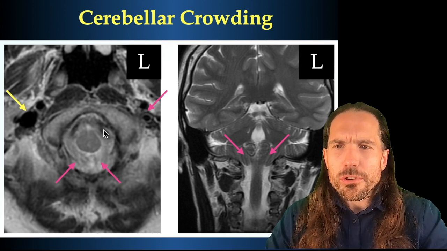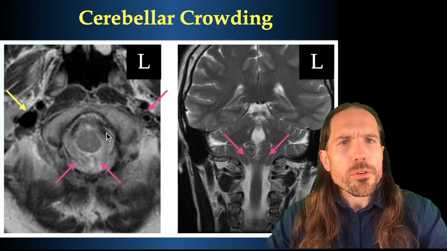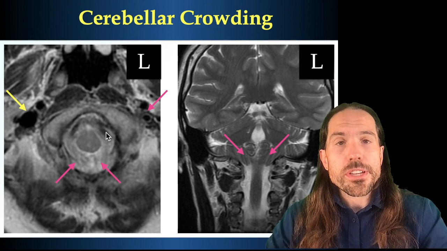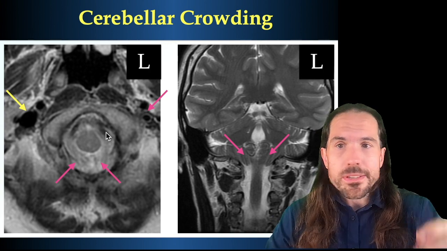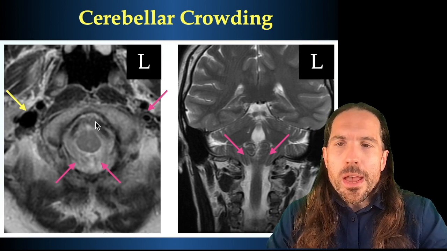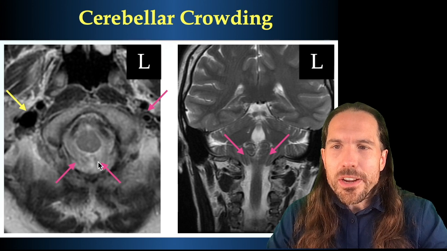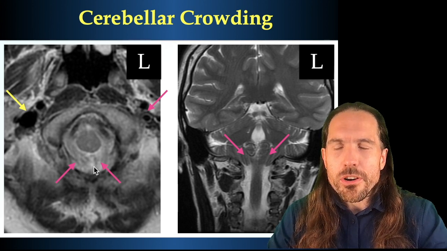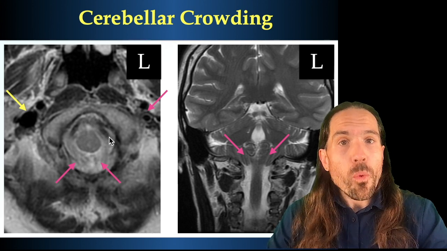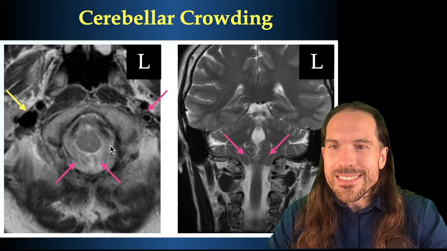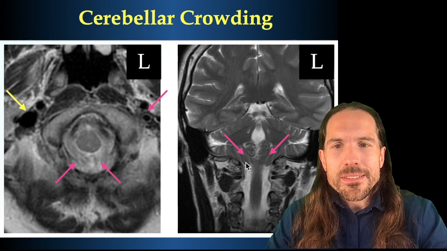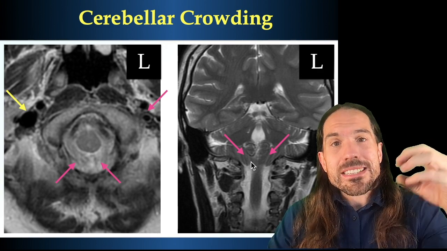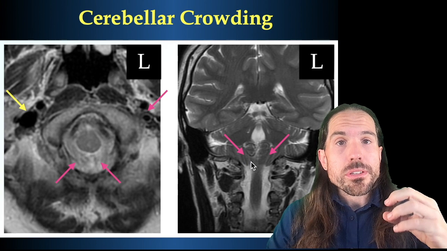These extra dark little dots are the pair of vertebral arteries, which are supplying blood up to the medulla and the cerebellum itself. This entire space should be bright white, but what you see is all kinds of shades of gray. That is because the cerebellum has descended into that canal just a little bit.